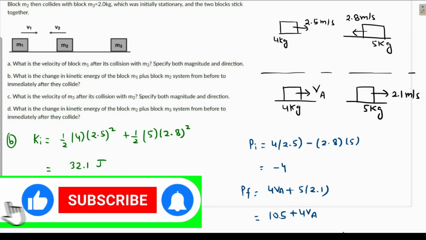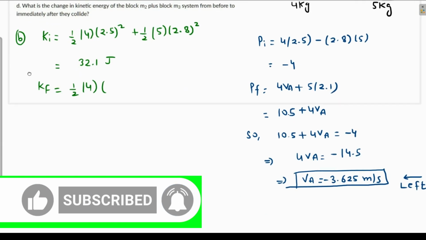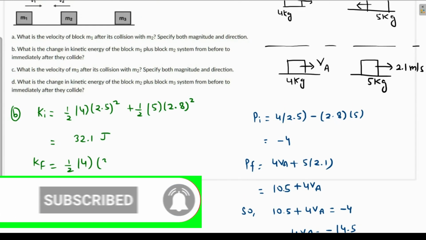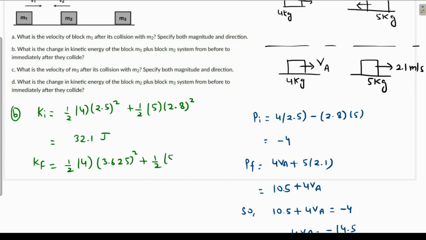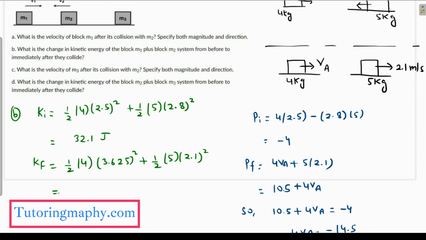Final kinetic energy is going to be half times 4 times VA. What is VA? 3.625 whole squared, plus half times 5 times 2.1 squared.